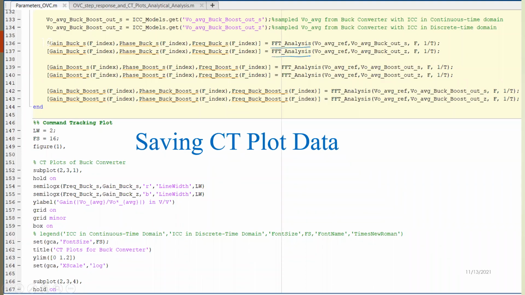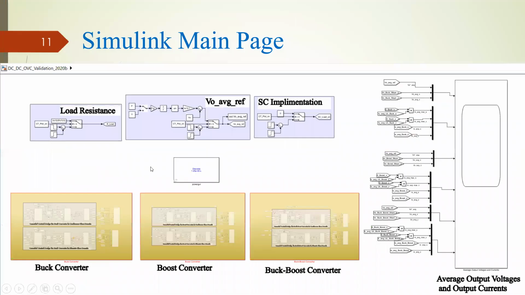If you have watched the 4th video, you would know that we use the FFT analysis to get the magnitude and phase of the Bode plot. Here we get the magnitude and phase for all converters: the buck converter, boost converter, and buck-boost converter. At the end, we have some commands to plot your command tracking data. This is how we can do the step response and the command tracking plot.